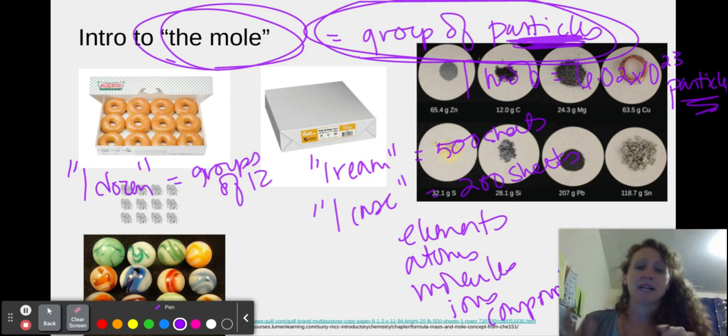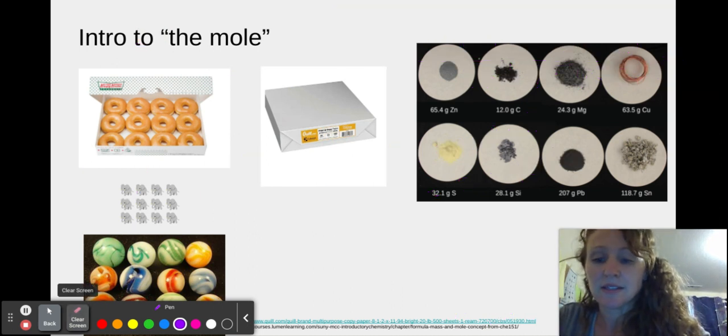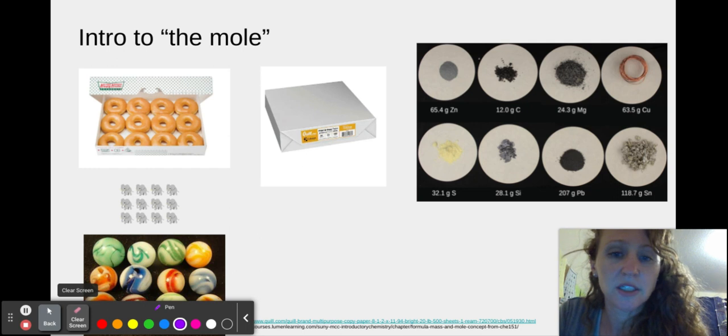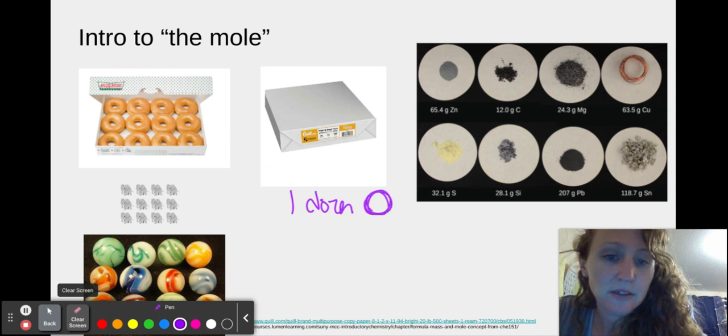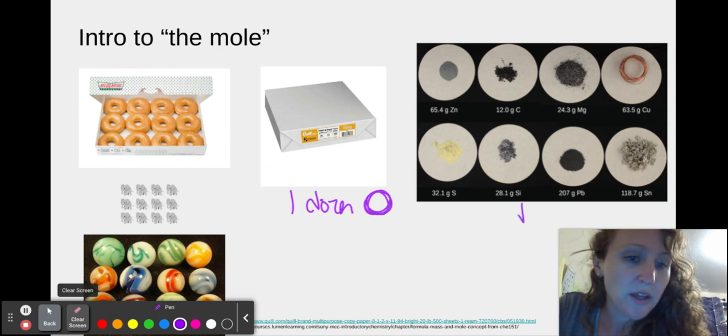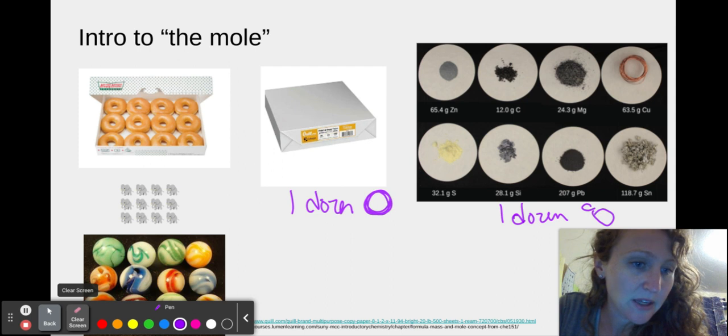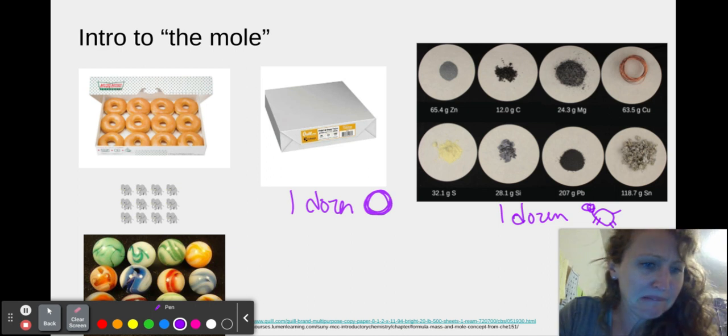Now, I want to take a minute and think about this real fast in terms of comparing and contrasting them. So if I have 1 dozen donuts, I'll just draw a donut, and 1 dozen elephants. Let's see, elephants are not so easy to draw. Give it a big ear, then it totally looks like an elephant, right?